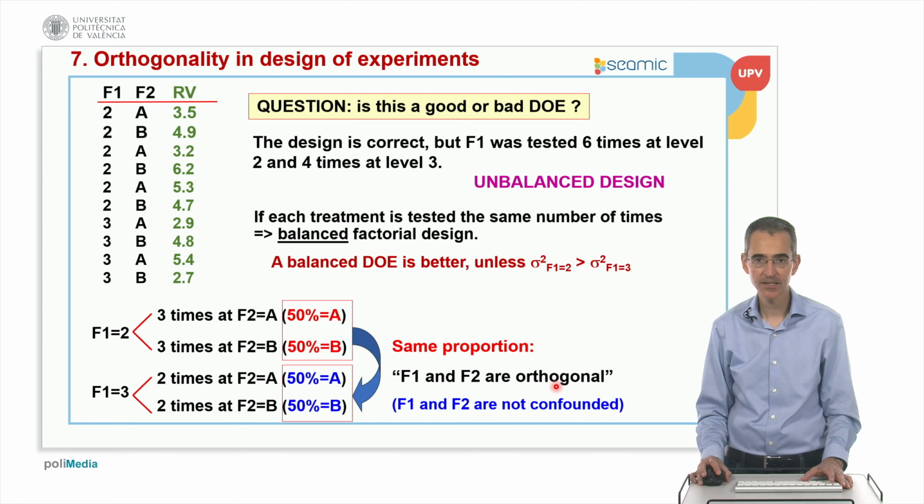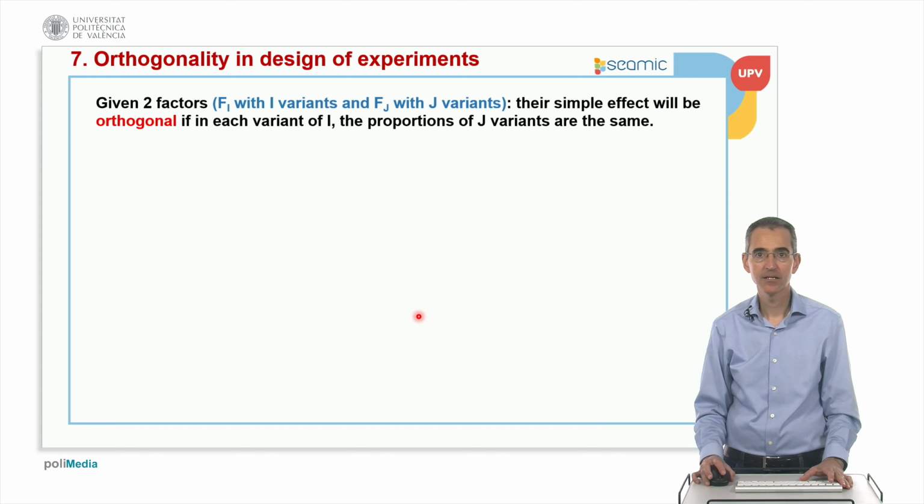And being orthogonal is the same as saying that they are not confounded, which is something good, a good property for any kind of design of experiment. Okay, so given 2 factors, their simple effect will be orthogonal if in each variant of the y, the proportions of the j variants are the same.